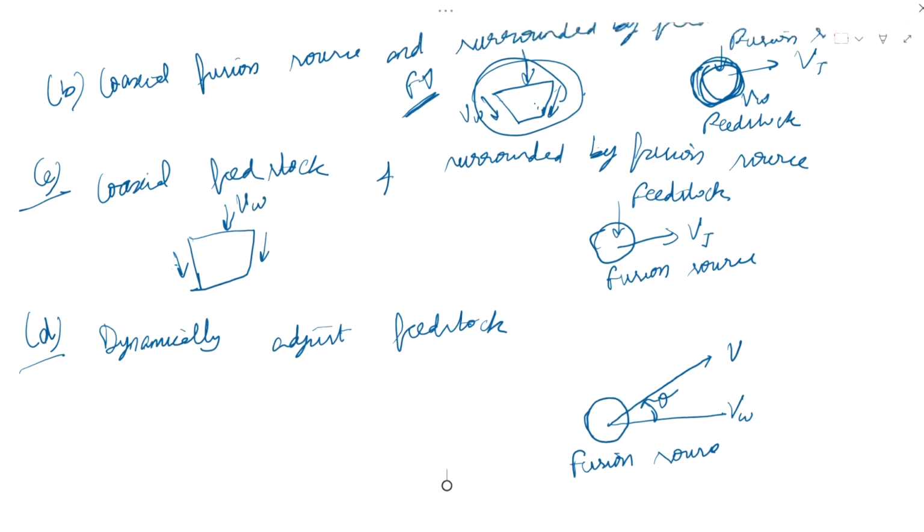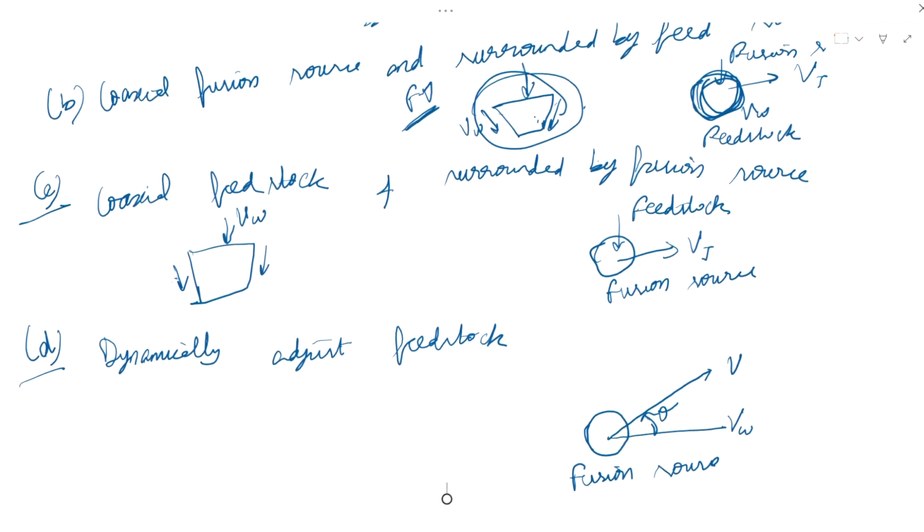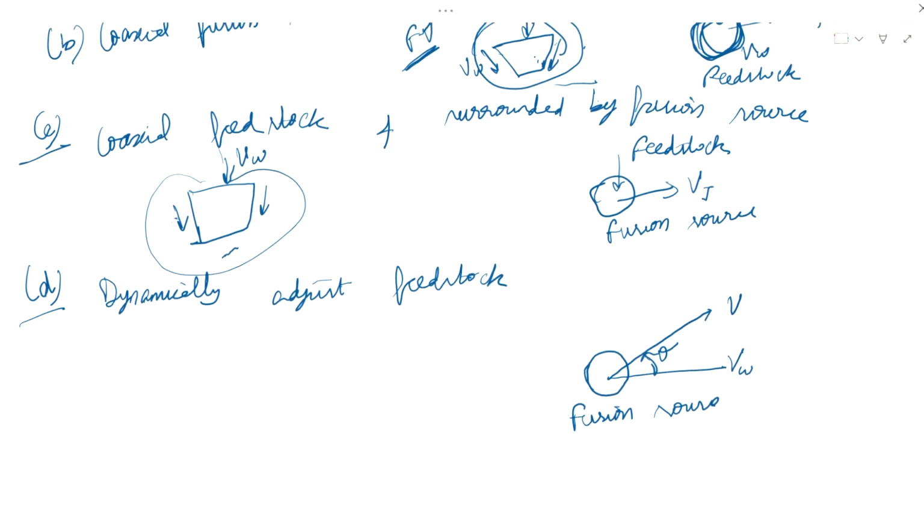Now this was a coaxial fusion source, but this is coaxial feedstock surrounded by fusion source. And finally, here we can adjust the feedstock; feedstock rotation can be done along this direction.